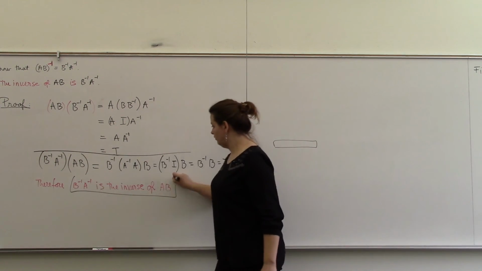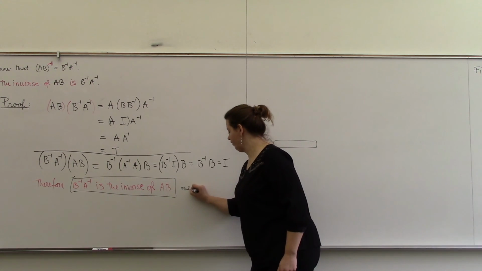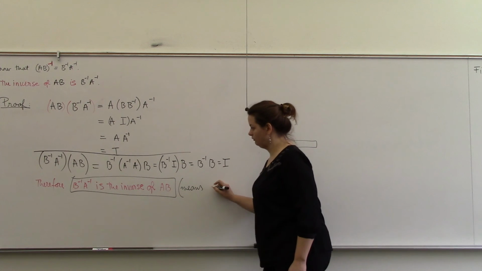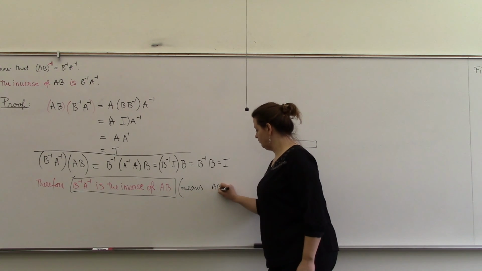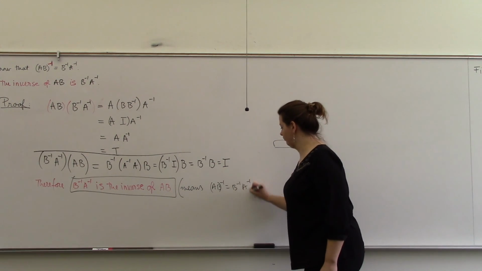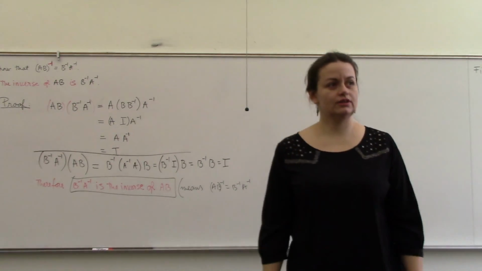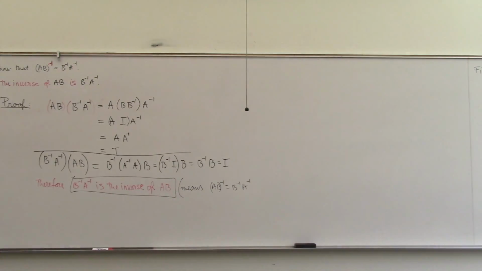This has some notation. This means the inverse of AB is B inverse A inverse. Nice and short, right? No big surprises, hopefully.